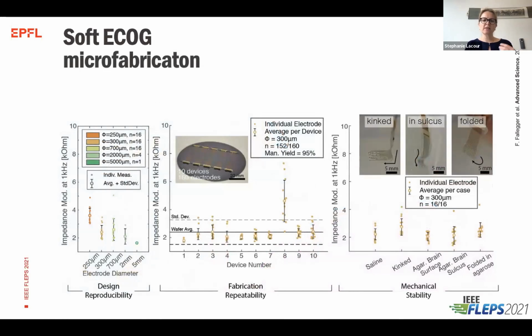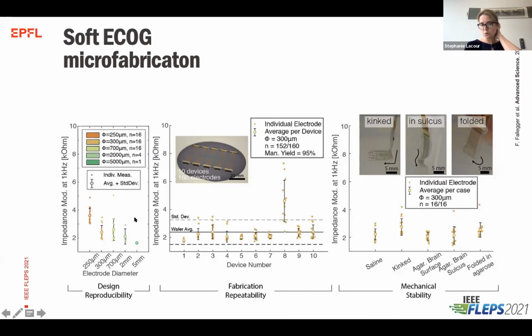Then we spent quite some time optimizing the reproducibility of the manufacturing of our approach. This is a very extensive number of experiments that we've done to get some sort of standard in terms of the reliability and reproducibility of our electrodes. The first plots represent our typical impedance at 1 kilohertz for a range of electrode diameters, and we do this over multiple batches of samples.